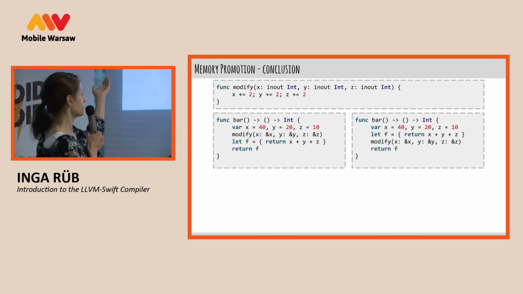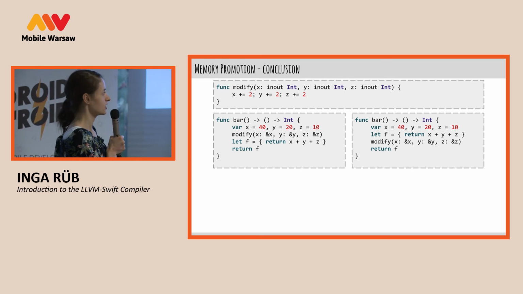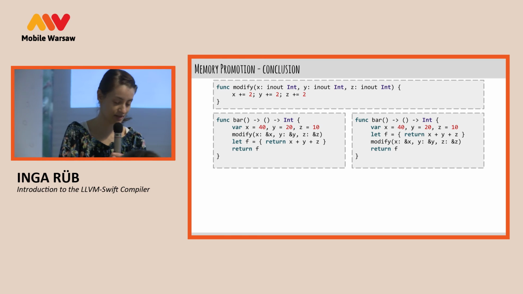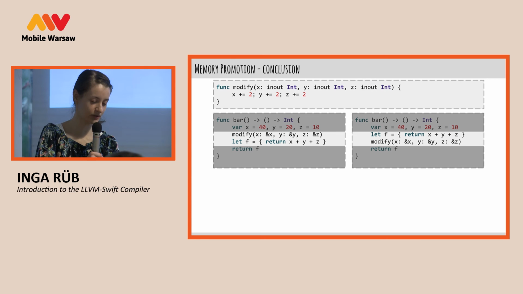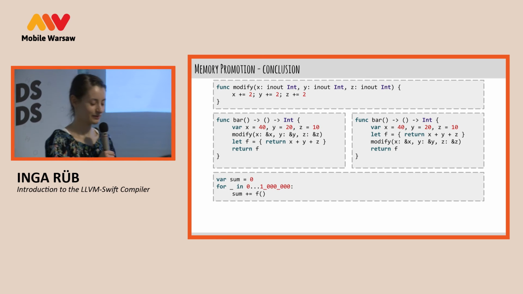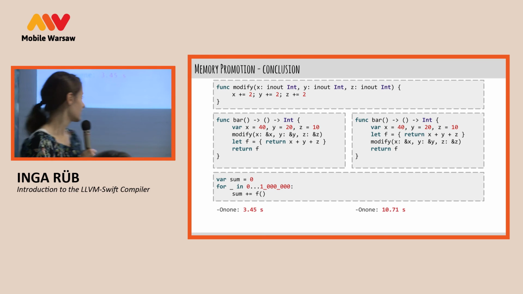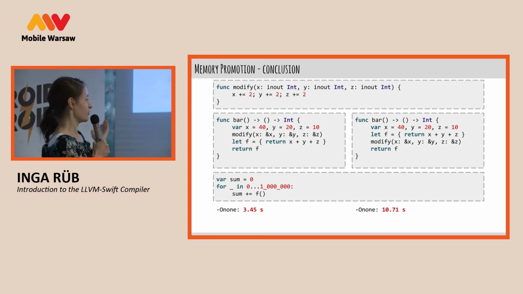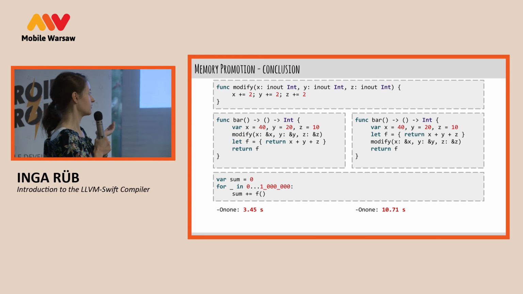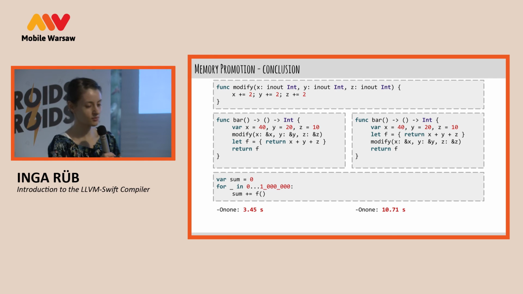In the first example, we modify variables before we call the closure. In the second one, we modify them afterwards, as you can see. And then we do this a huge number of times. And what are the results? If we compile the code with the flag O_none, then the second example is 3 times slower.